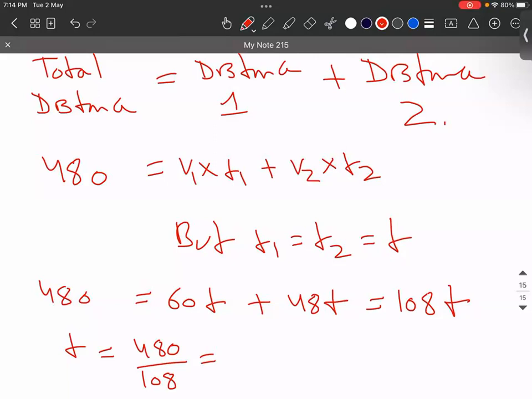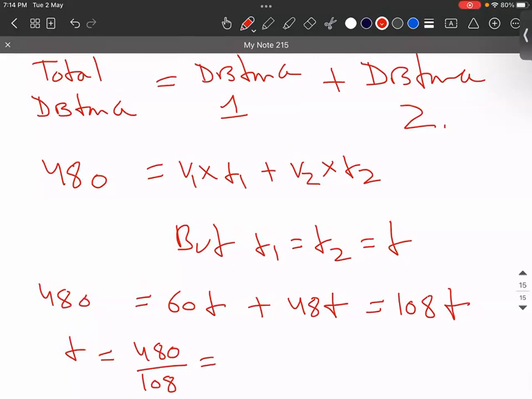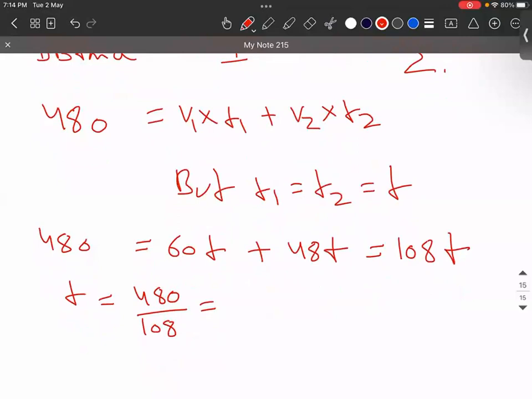That will be 372. It will be in terms of what? Distances are in terms of kilometers, and for time you're talking in terms of hours.